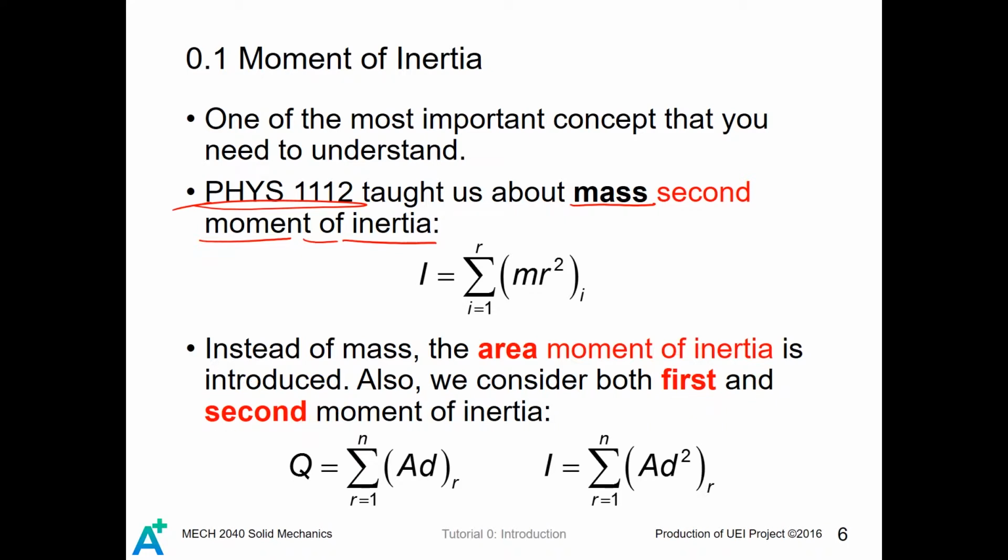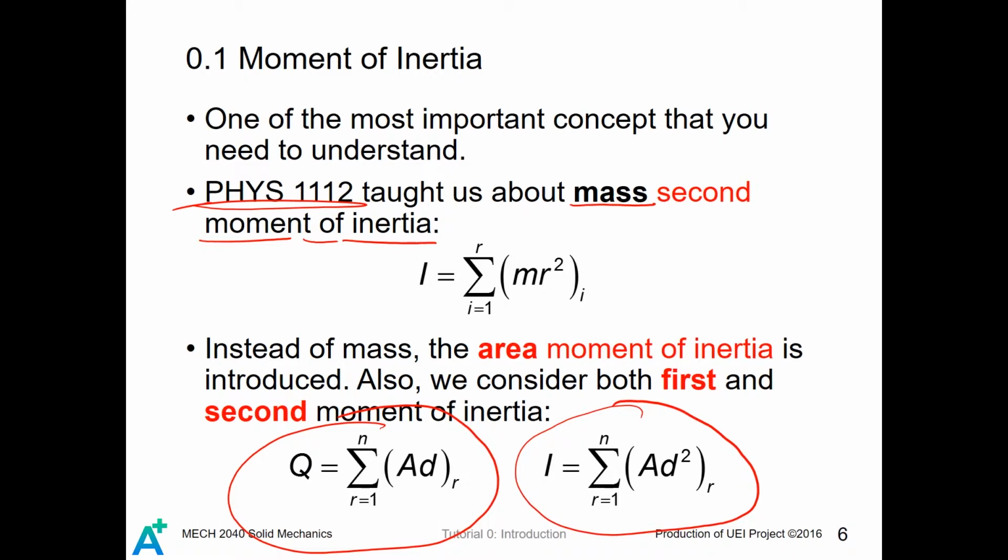So what we've learned from general physics is called the second moment of inertia. So what is the difference between the first and second moment of inertia? As you can see, this is the first moment of inertia. This is the second moment of inertia.